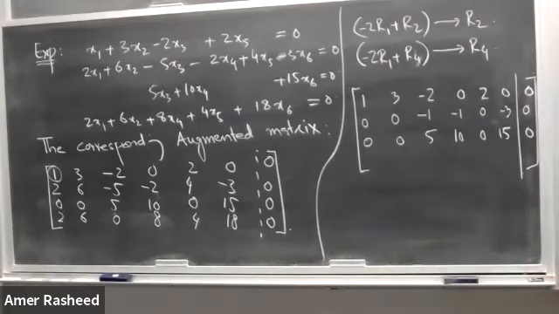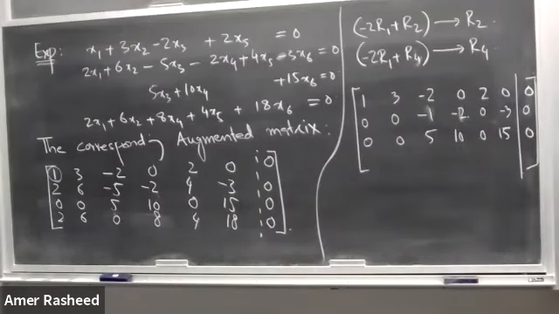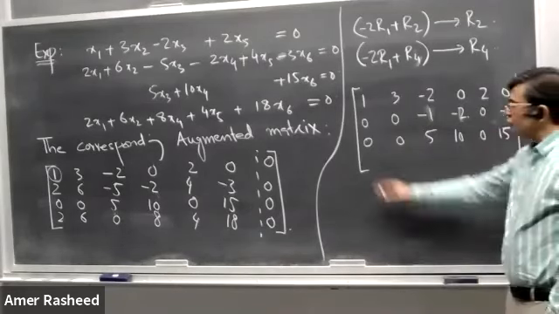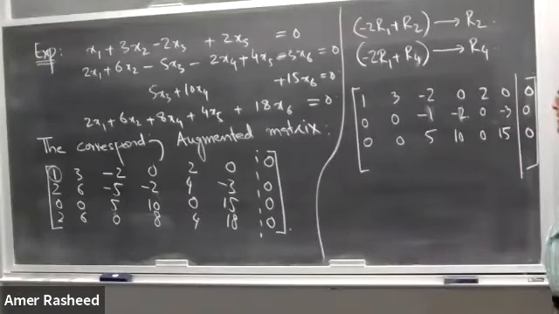Now tell me the fourth row. Won't the third column be -2? Yes, it will be -2. OK, -2 it is. Next, the fourth row. Tell me the fourth row.